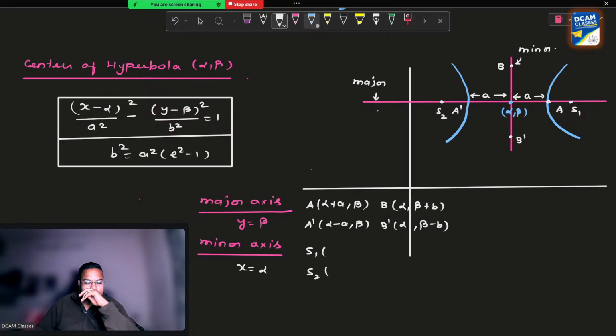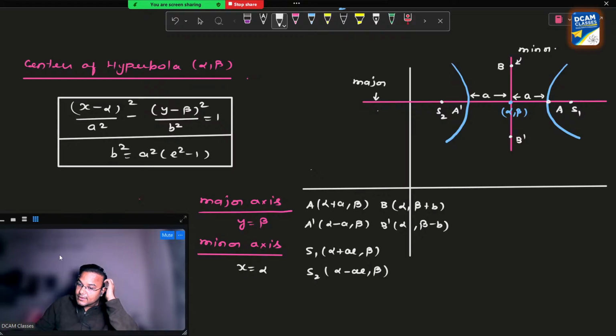Or anyone can tell, Haripriya or Diva, who has the answer. Alpha plus or minus AE. Alpha plus AE comma beta, alpha minus AE comma beta. That's all.